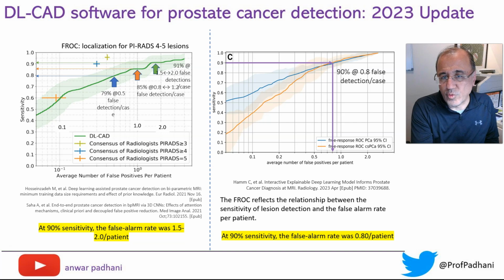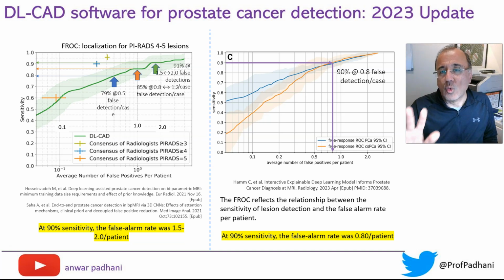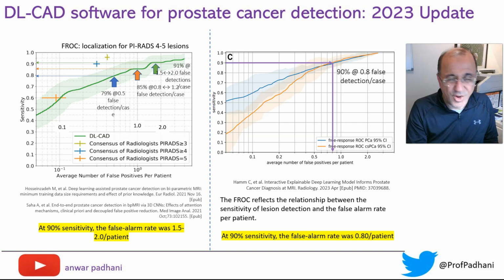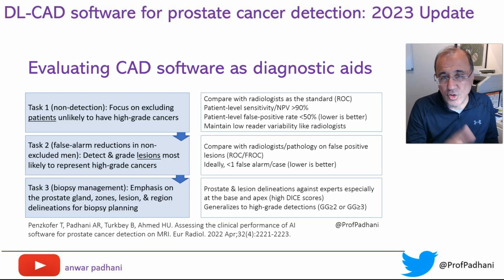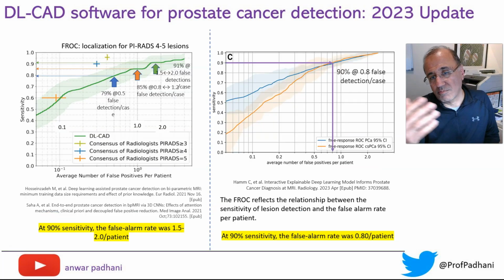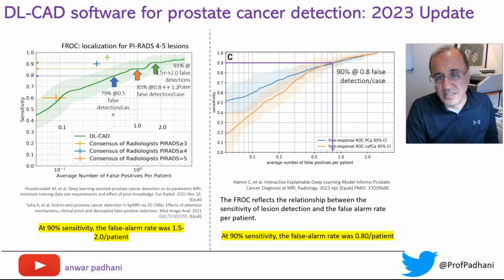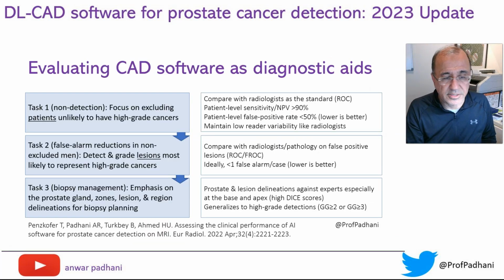And if you look at the software on the left-hand side, you can see at the same level of sensitivity, 90%, the false alarm rate was between 1.5 and 2. So in fact, the AI on the right-hand side would be better for biopsy planning than the software on the left-hand side. So the users might be different. The radiologist might be better using the software on the left. The urologist might be better at using the software on the right.